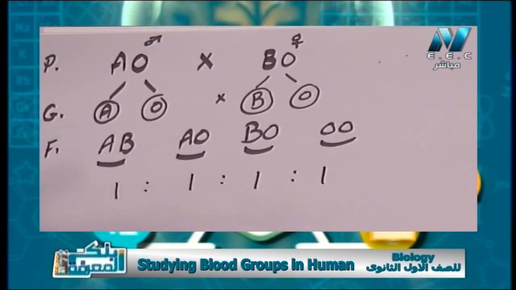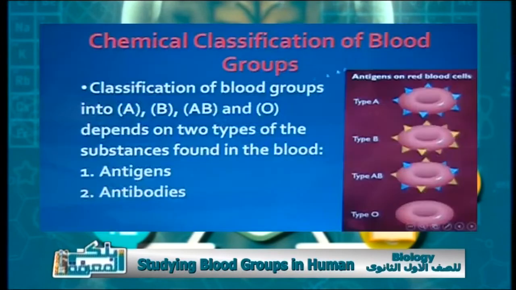Now, we study the chemical classification of blood groups. As we said, the blood groups can be controlled by three types of genes. And the person who is A group has the gene A and causes the production of a certain protein on the red blood cell in a certain way or a certain type.